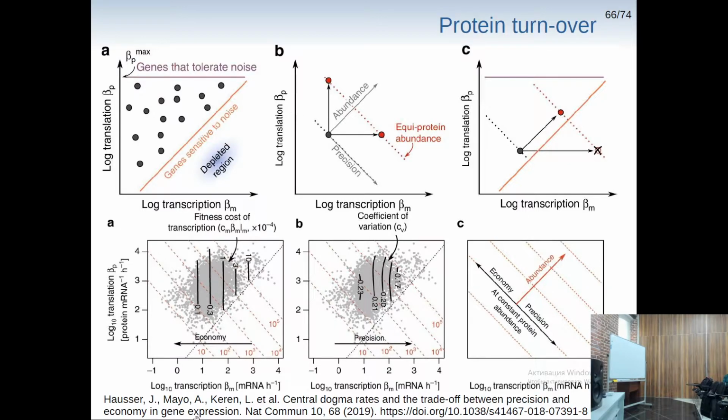So we can plot such lines where we can have either the coefficient of variation, so our control on the quantity of this protein, or fitness cost, whether it's economically feasible to have such a ratio between transcription and translation or not. So only some proteins which need really granular control over their concentration will be here.